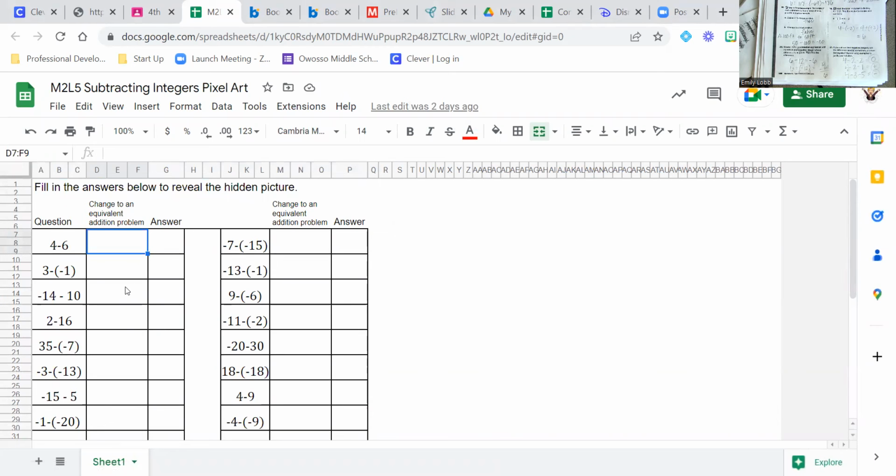Remember, I would say 4 plus, you've got to shift that equal sign. 4 plus, open parenthesis, a negative what? 6. If I did that, what would my answer be? Negative 2.